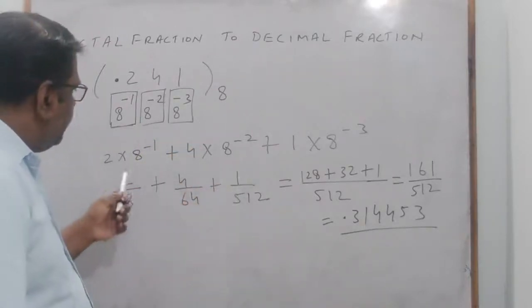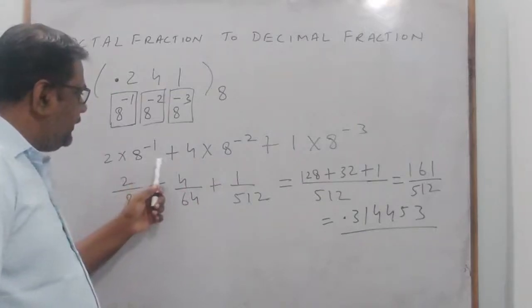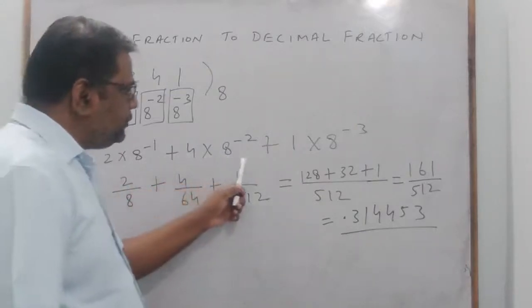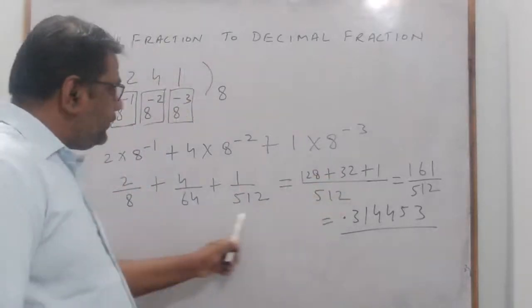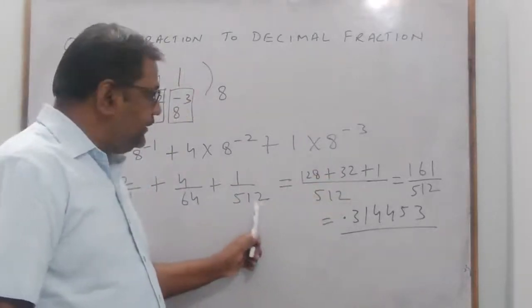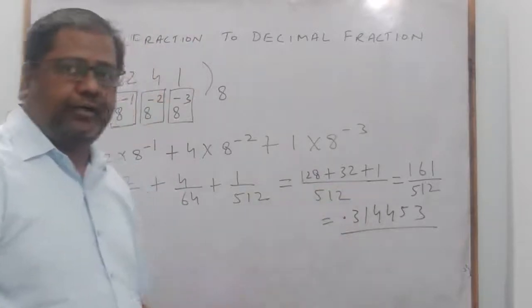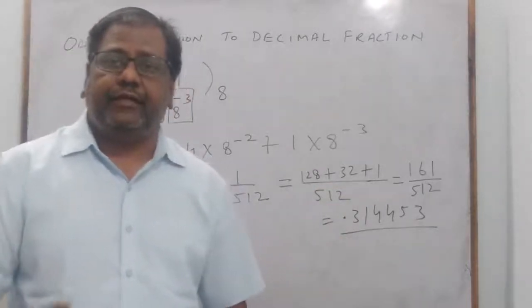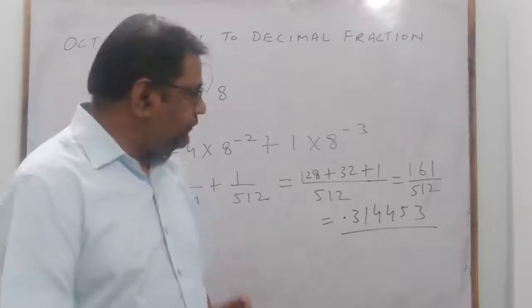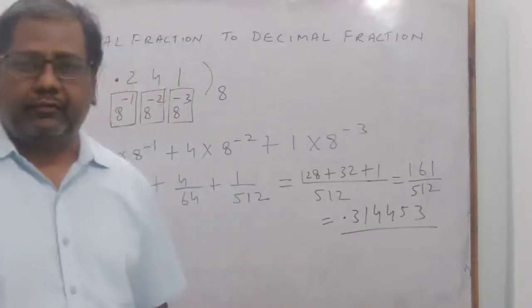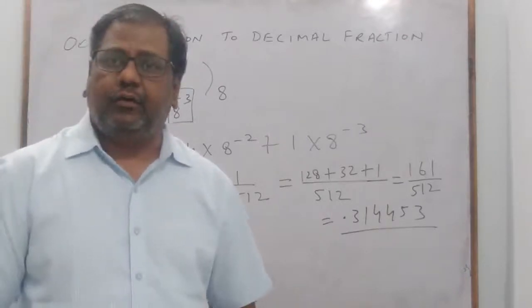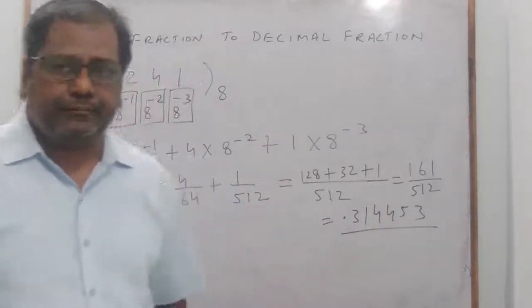So it is 2 into 8 to the power -1, 4 into 8 to the power -2 and 1 into 8 to the power -3. When you are calculating and adding it up, the result becomes 161 by 5 and 2. When you divide, you will get the final result, and that is 0.314453. This is what you are supposed to calculate when you are working from octal fraction to decimal fraction.